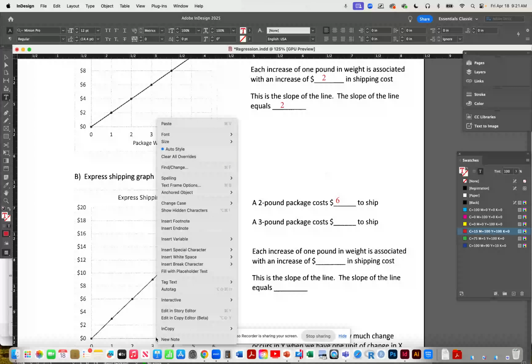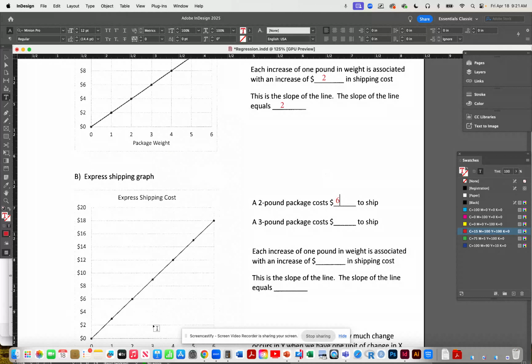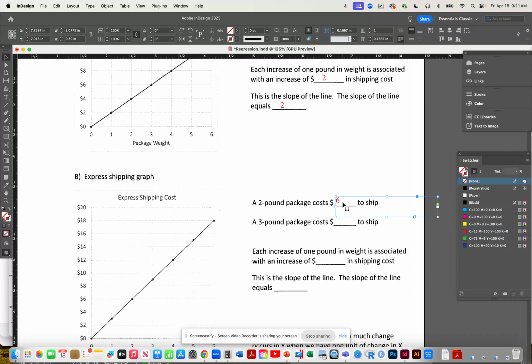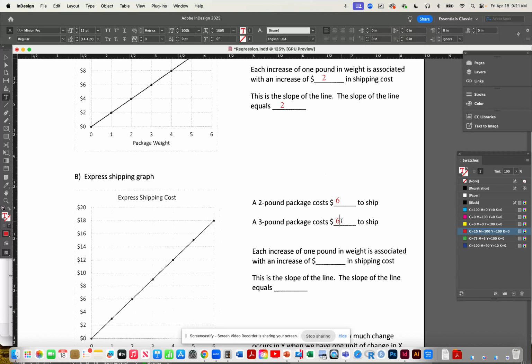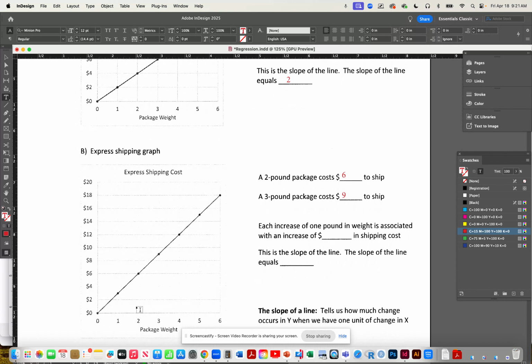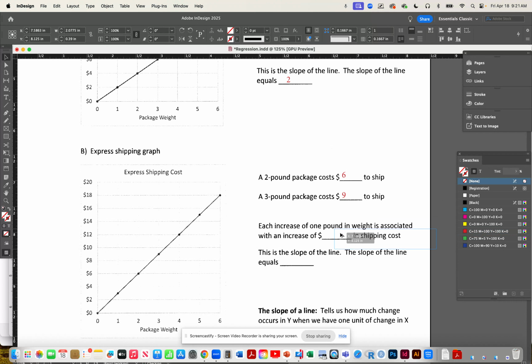That is $9. Each increase of 1 pound in weight is associated with an increase of how much in shipping cost? For every 1 pound, it looks like it increases by 3. And so we could say that this is the slope of the line.